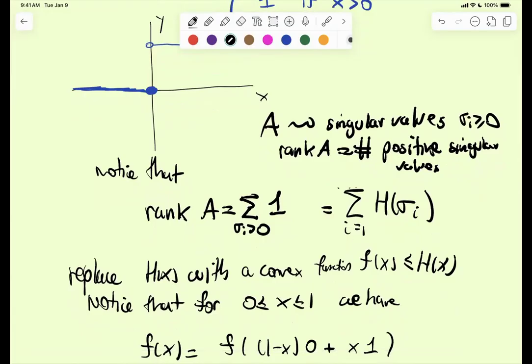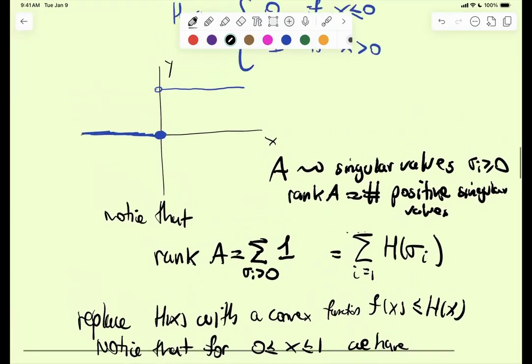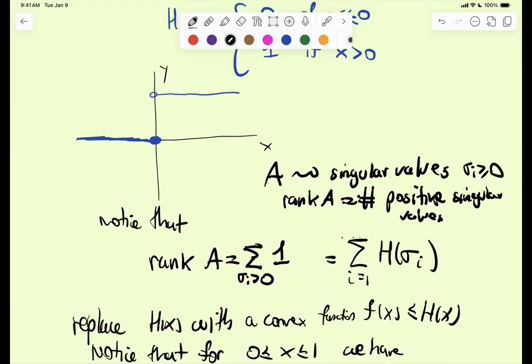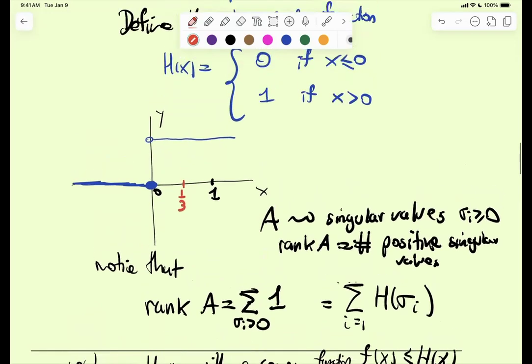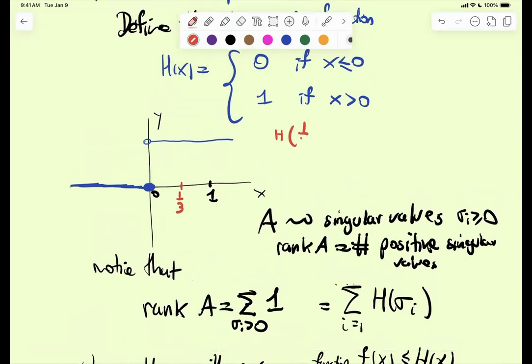Because I'm trying to write a linear combination, let's see if I can work it out here. So let's say you have 0 here, you have 1 here, right? And then you have 1/3, right? The number 1/3. The Heaviside function at 1/3 should be 1, right?